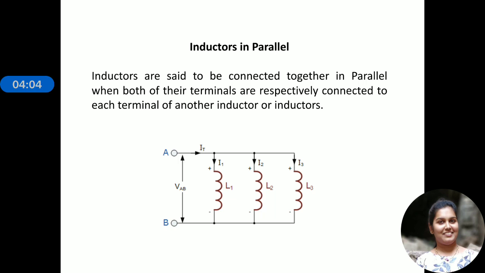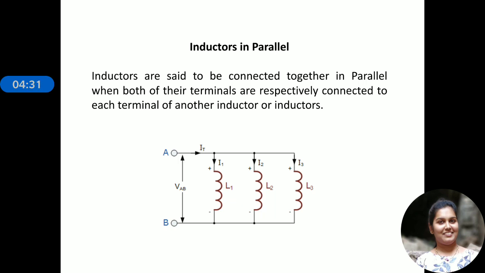And also we have discussed inductors which are connected in series. In that session we discussed that when inductors are connected in series, it will be almost equivalent to resistors connected in series. That is, the expressions we write for resistors will be applicable for the inductors when they are connected in series.